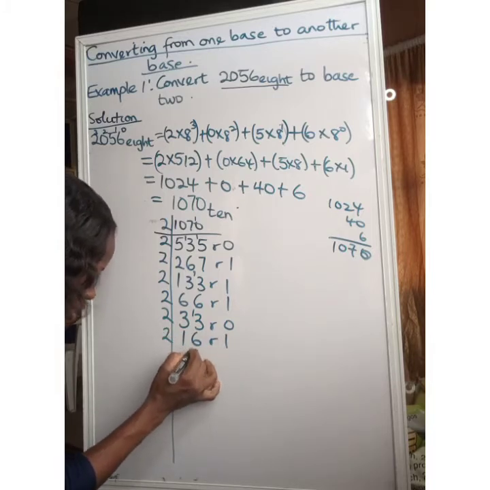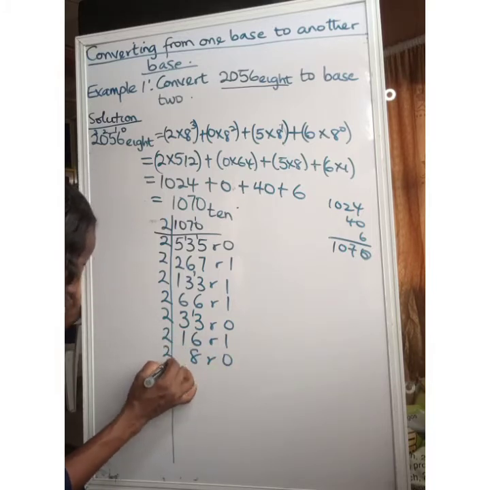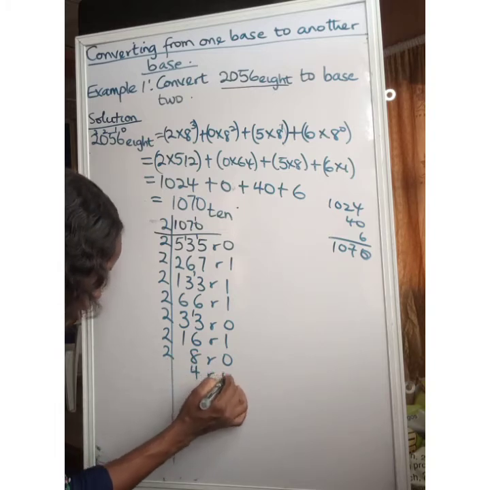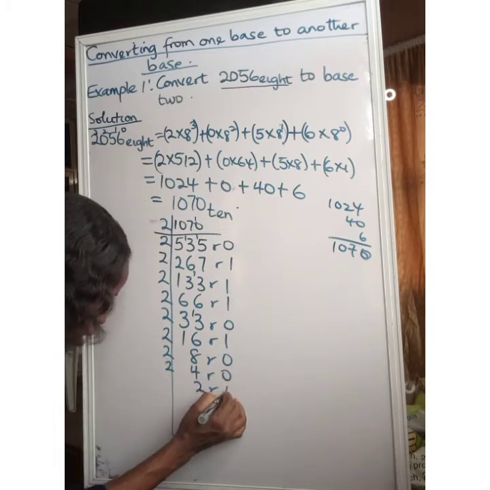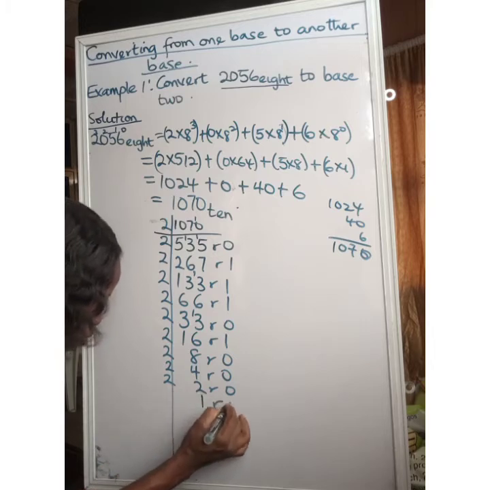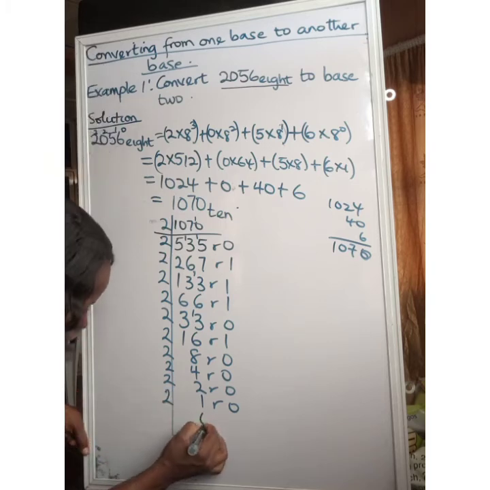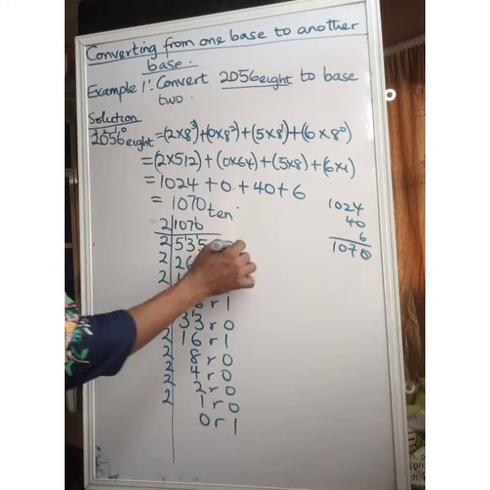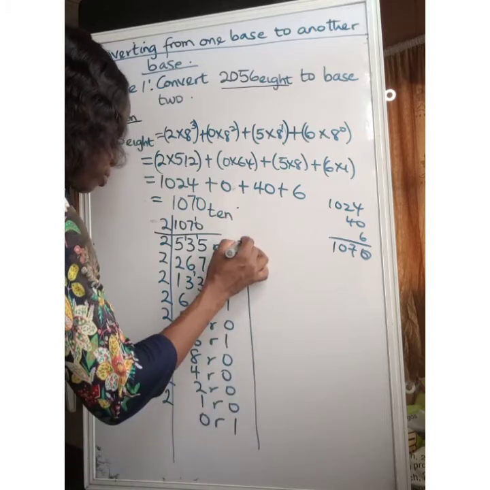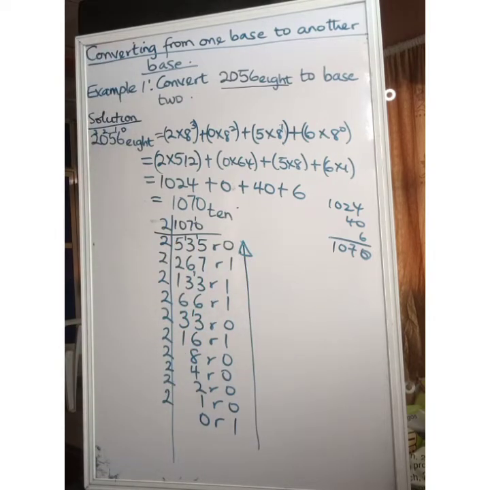2 again. 2 in 16, 8, remainder 0. 2 in 8, 4, remainder 0. 2 in 4, 2, remainder 0. 2 in 2, 1, remainder 0. Remember I told you the last answer here must be 0. So 2 in 1, 0, remainder 1. So you read it upward, just like the way the arrow went.